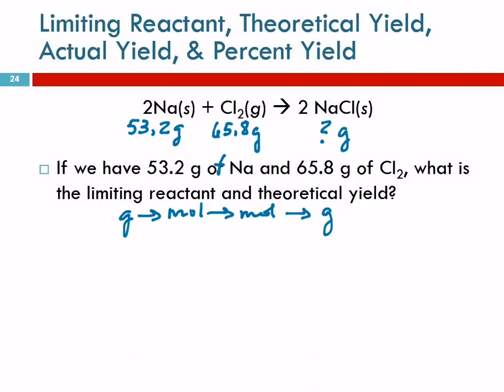So we'll start out with 53.2 grams of sodium. We'll go grams of sodium to moles of sodium, grams to moles, and then we go to moles of the product, moles of sodium chloride.